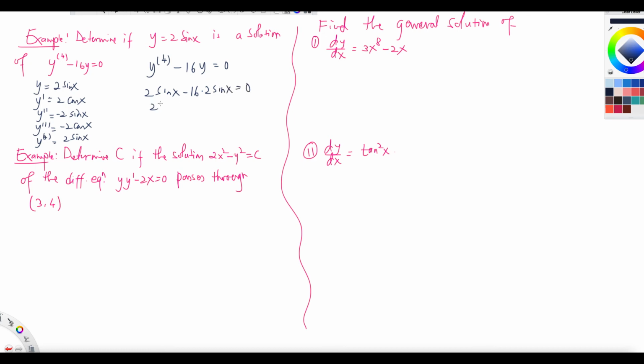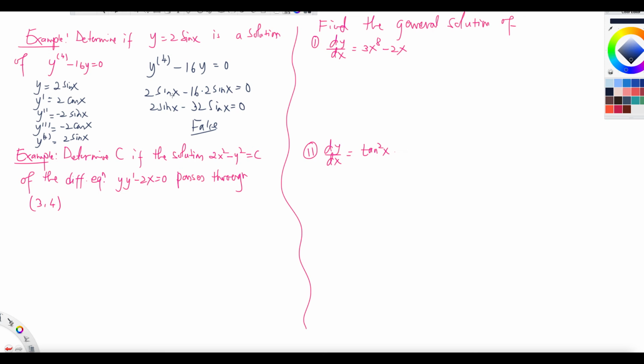Are they equal? 2 sine x minus 32 sine x equals 0, which is not equal, so it is false. So this is not a solution of the given differential equation.